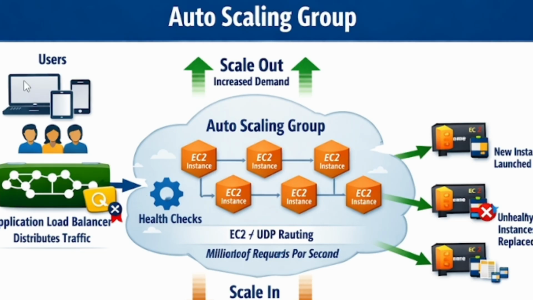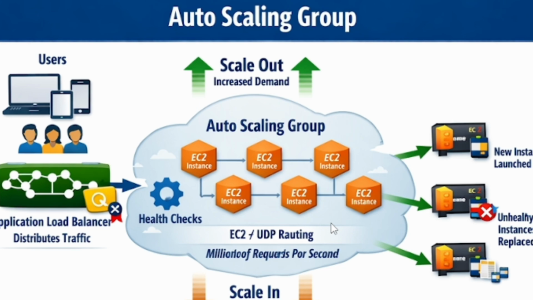When there is less traffic, it will remove the instances. That means when there is huge traffic, it will scale out the instances, and when there is less traffic, it will scale in the instances.